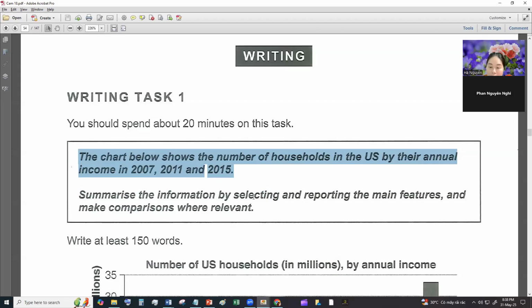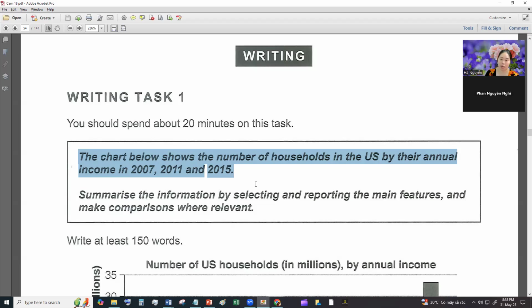Now, what does the bar chart show? The bar chart shows the number of US households in millions by annual income. That's right. So the number of households, and again, where is the data recorded? In the US. That's right.